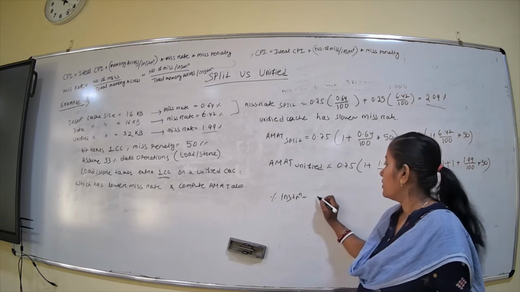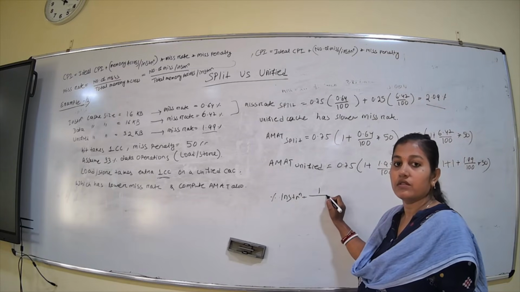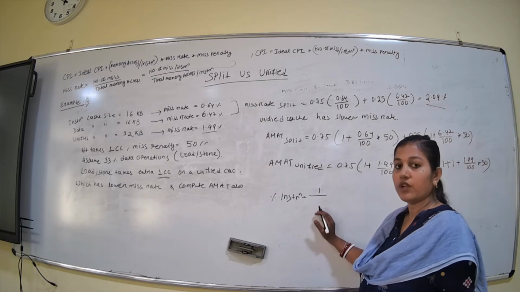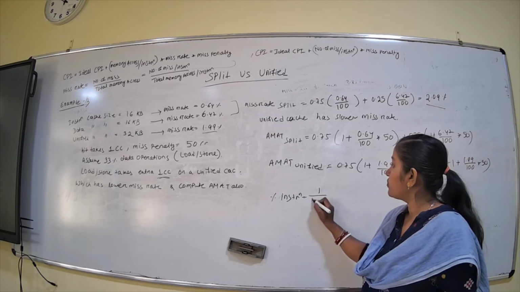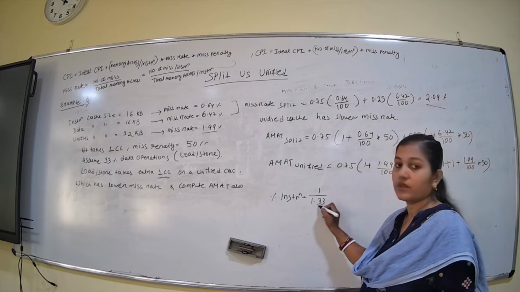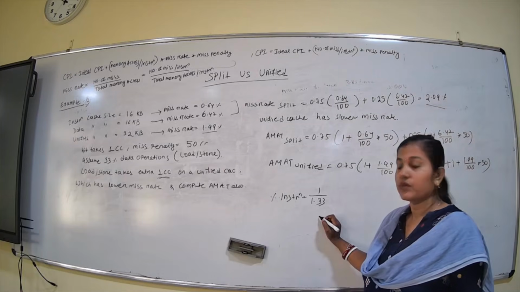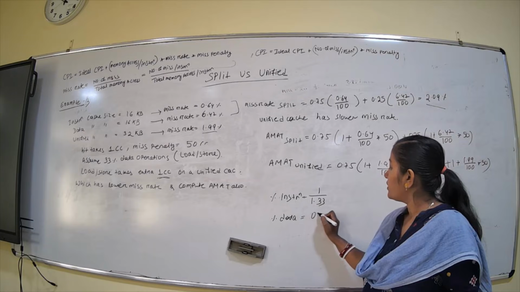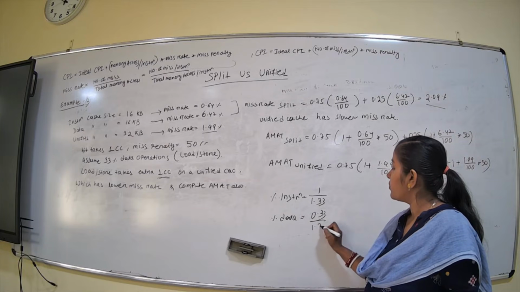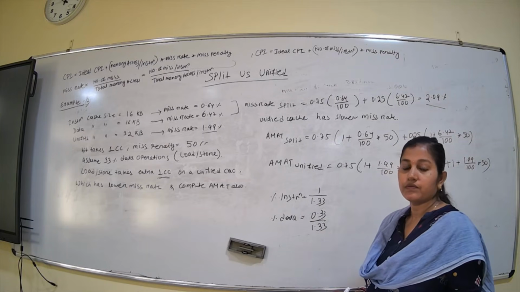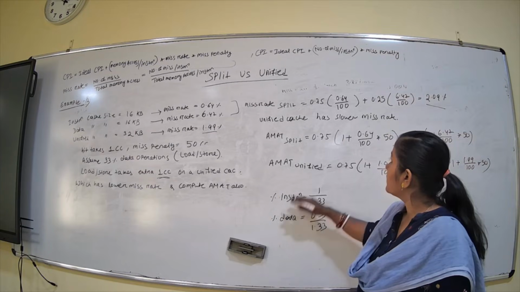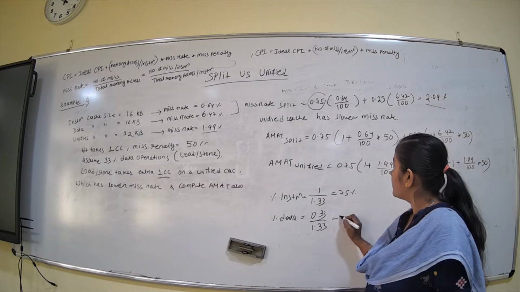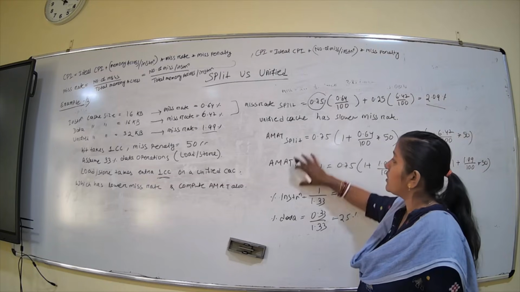It is 1 upon the total memory accesses. The total memory access is what? 1.33. So the percentage of instruction is 1 divided by 1.33, and the percentage of data is 0.33 divided by 1.33. Just put in the values and you will get about 75%.